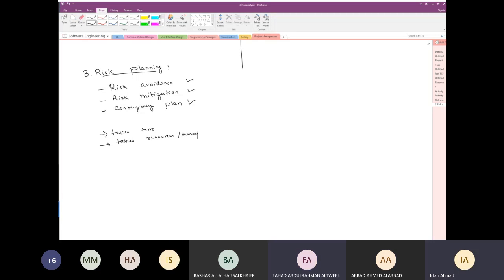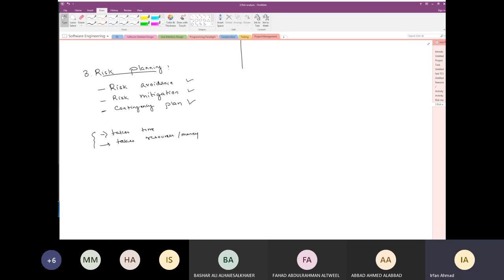Why are we not going to do the planning for each and every risk? We just spoke about it because it takes time, it takes resources and money. It's costly, right? So we can't afford to do everything to deal with every risk. So what we are going to do is select a subset of risks from after risk analysis to do this type of planning.